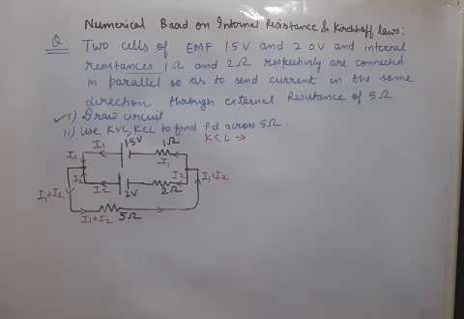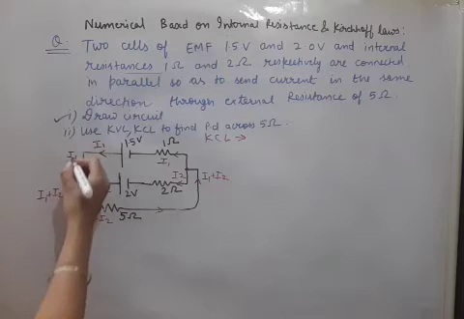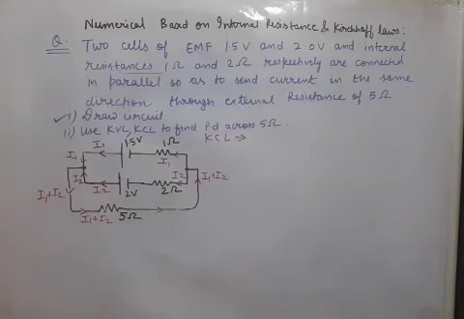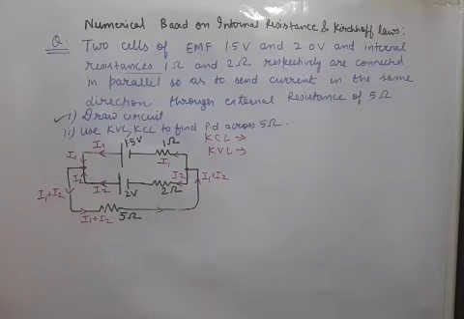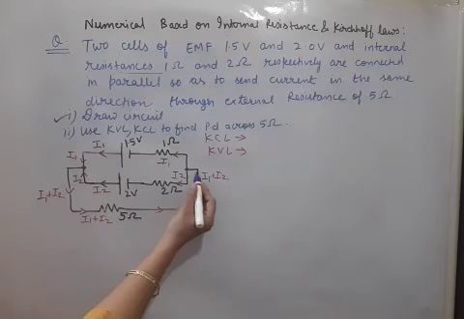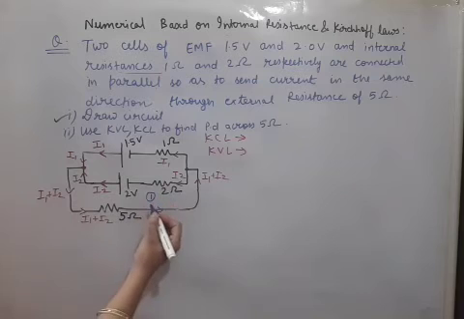So what we can do now, we can draw the loops. So let us now, we are applying KVL. Okay. So for KVL, we need to take loops. Suppose our first loop is this lower loop. Okay, first loop is this loop.